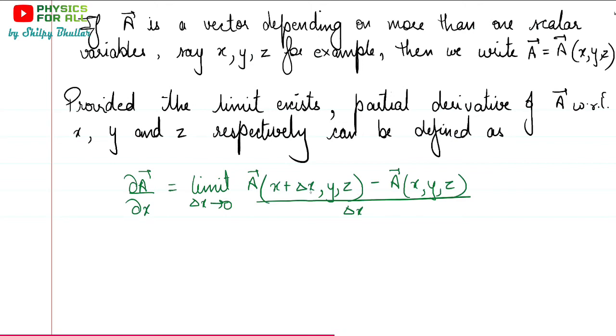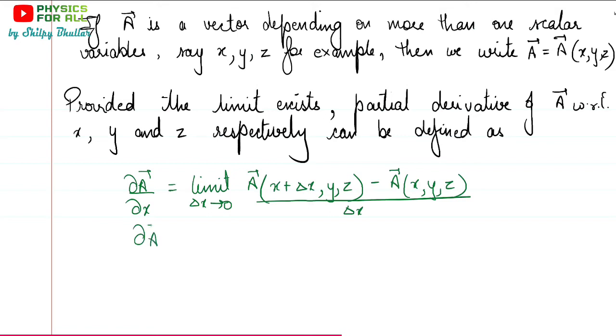That's why we study the effect of one scalar step by step. We pick one scalar, we study the change in A with respect to that, keeping the rest as it is. Then we take another one, then we take the third one, and so on.